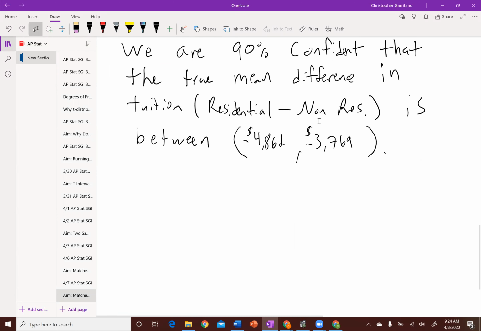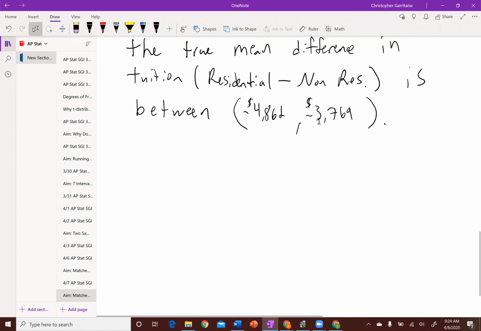In fact, with this confidence interval that we just built, I've been trying to get you to see this relationship between confidence intervals and two-tailed tests.